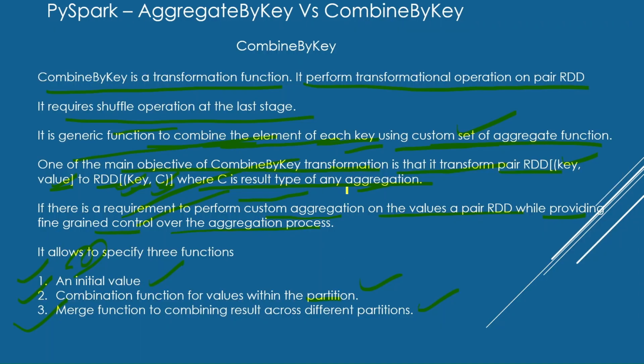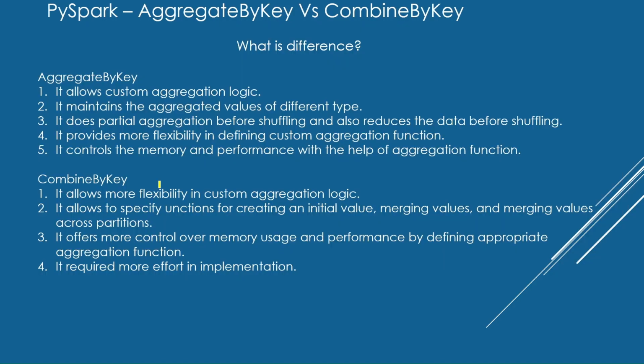Right? There are 2 functions here. One is the combination function that combines the values within a partition, and the merge function combines results across different partitions. Then what is the difference?